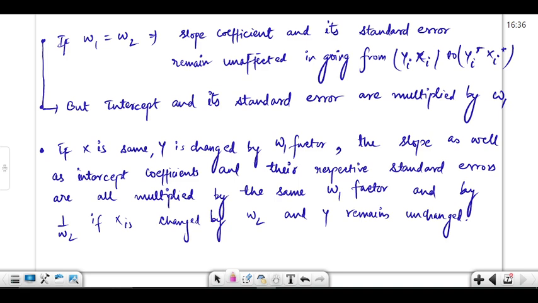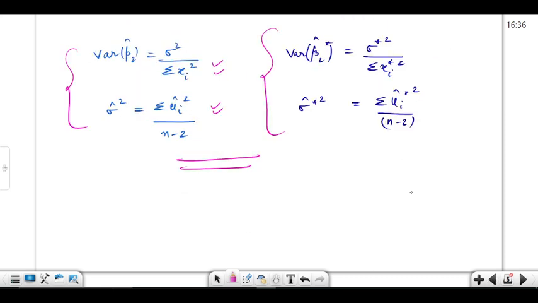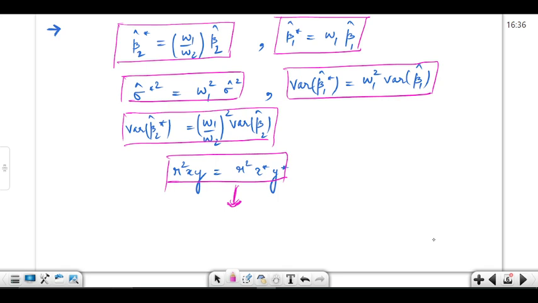The significance of this is that questions can be asked, so these formulas become important. If I see from here, if W1 is equal to W2, then your beta 2 hat star is equal to beta 2 hat.